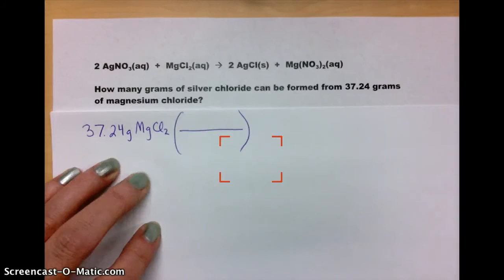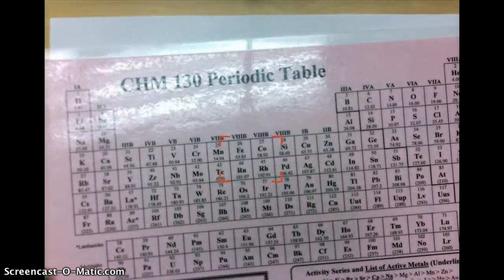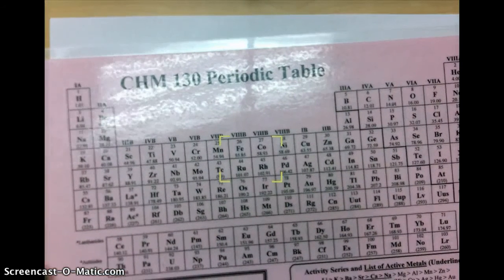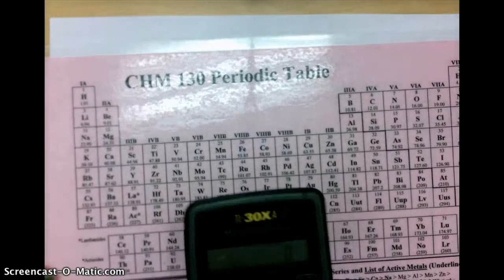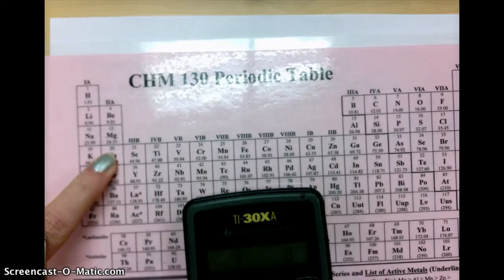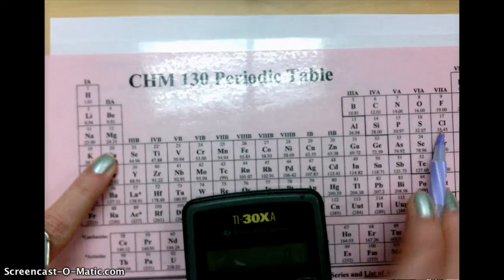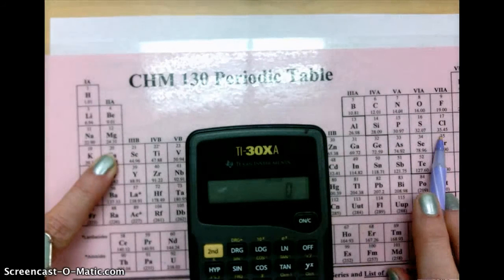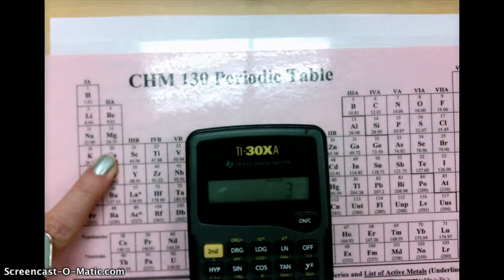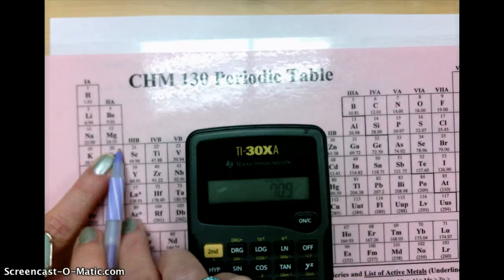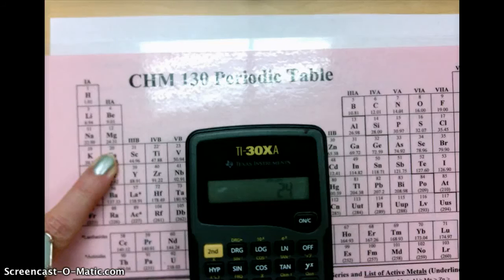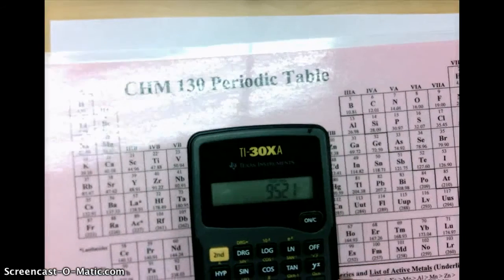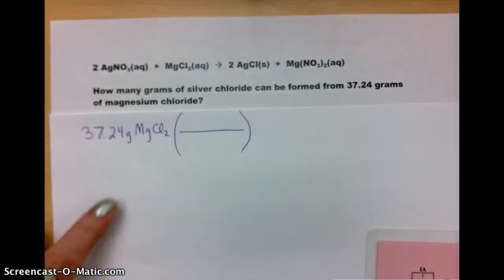To find a molar mass, we have to go to our periodic table and add up the grams in the table for 1 mole. MgCl2 has 2 Cl's and 1 Mg in it. So we need to add up 2 times 35.45 and then plus 1 Mg, which is 24.31. And we end up with 95.21 grams for 1 mole.